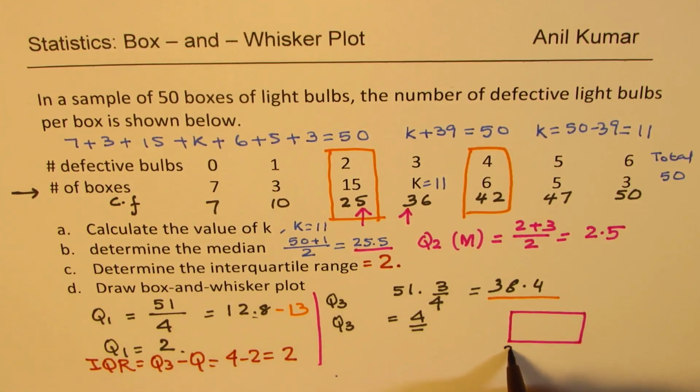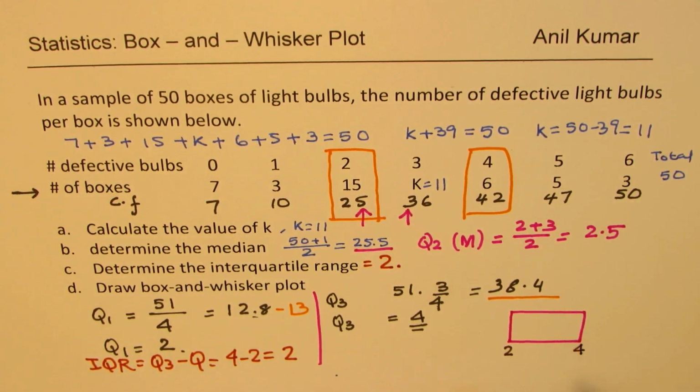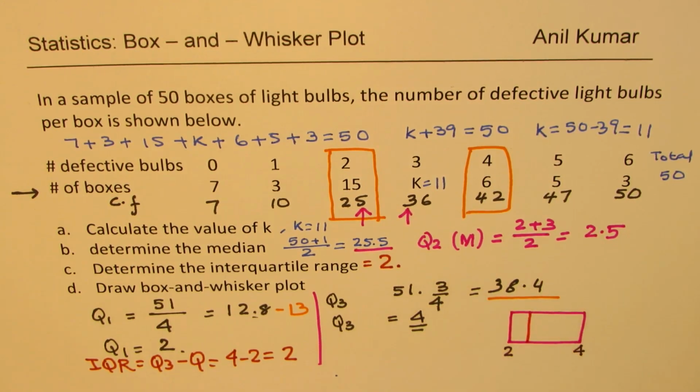Okay, so Q1 is 2, so this is 2 for us. And Q3 is 4, that is 4 for us. And median is 2.5. So median basically is much closer to this side. So that is 2.5. We'll write here 2.5.